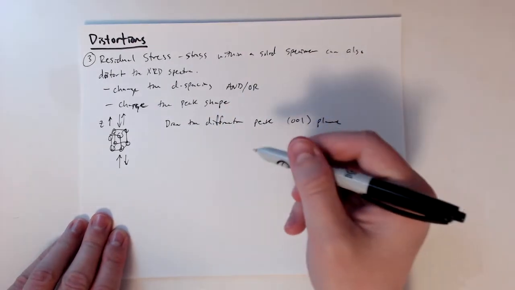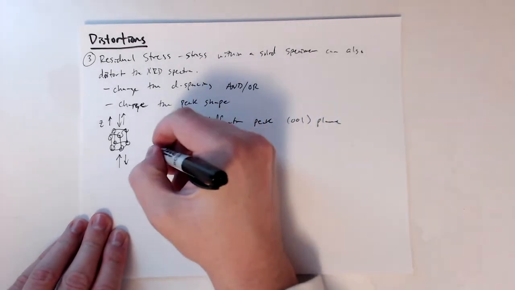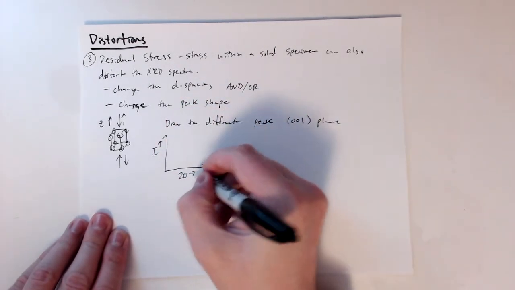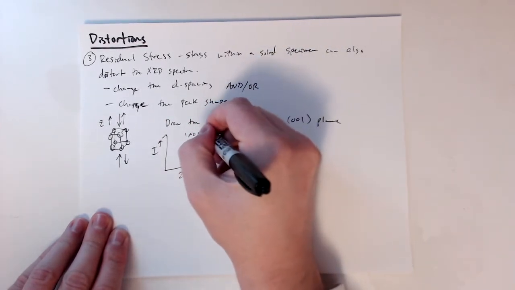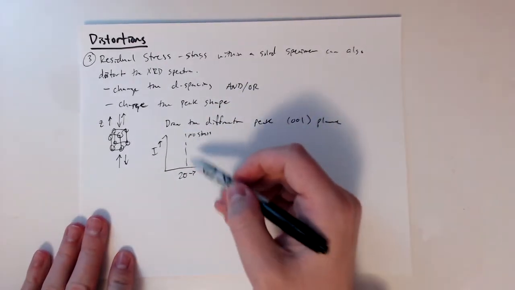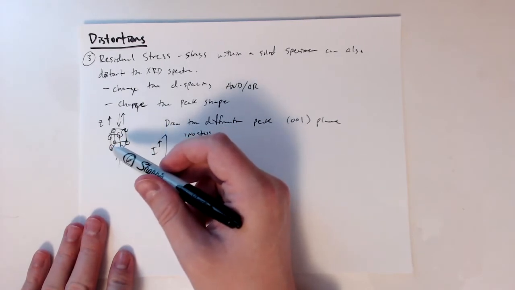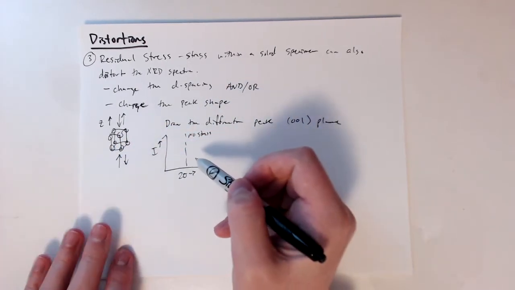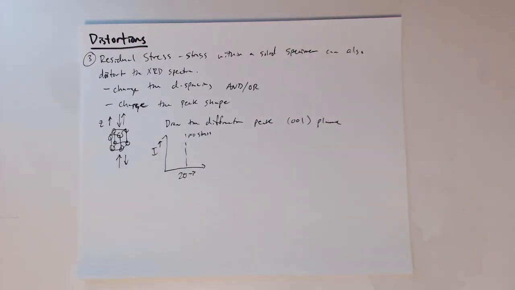In that picture, there will be intensity versus 2 theta, and there's going to be the no strain or stress line, and I want you to draw the peak relative to this position for each case of compression and tension. See if you can come up with what each of those should be. Do that in the quiz, and then come back and we'll look at the result of that.